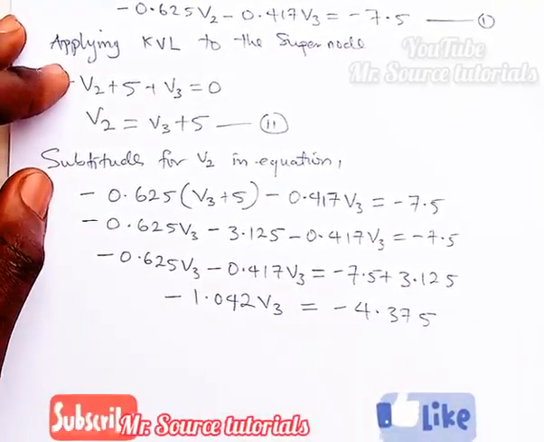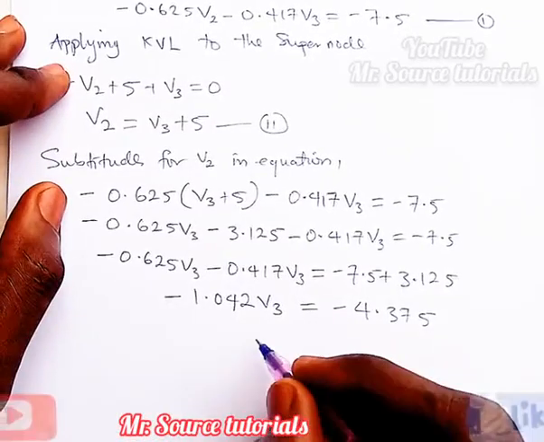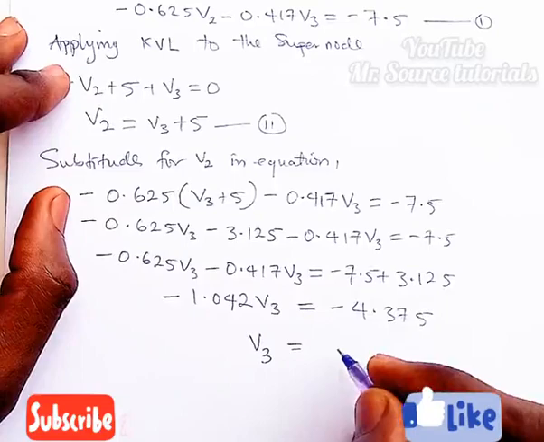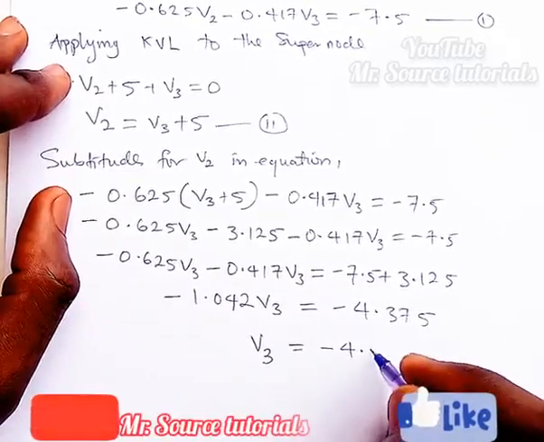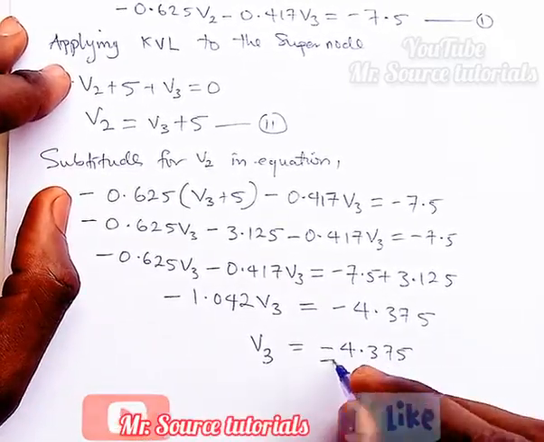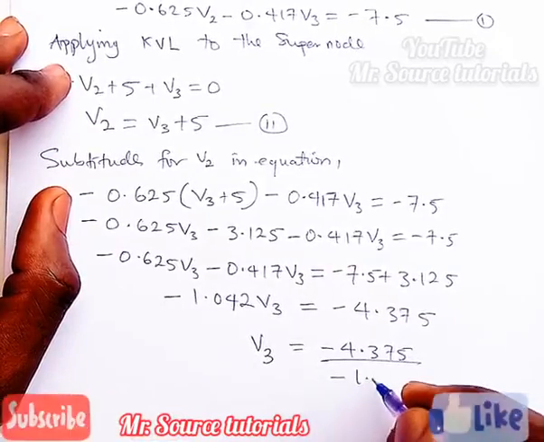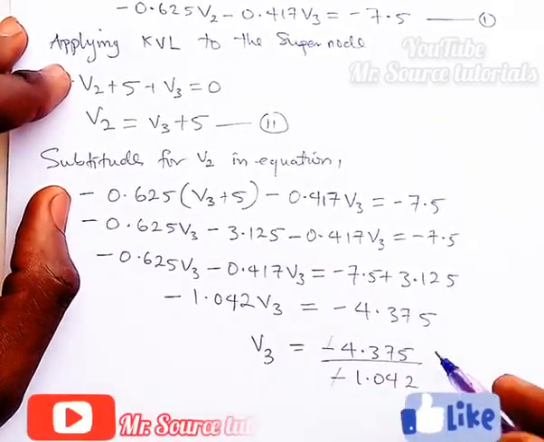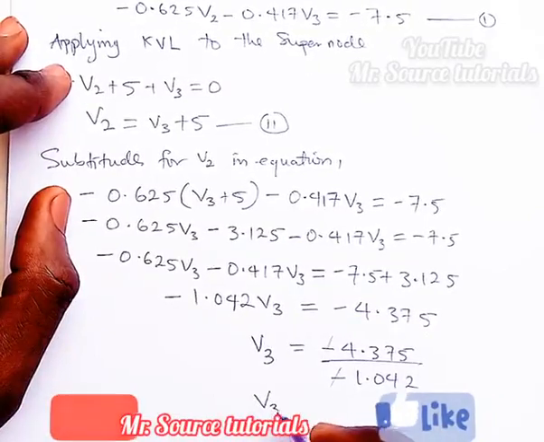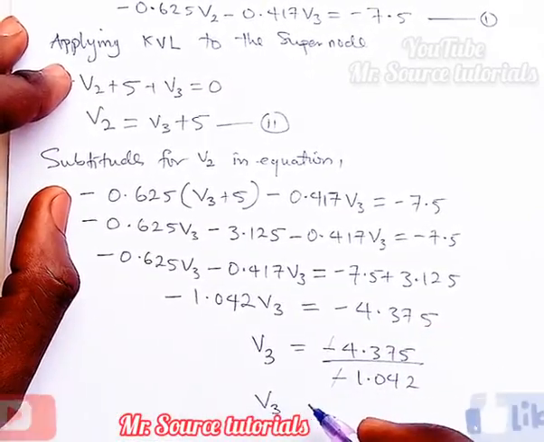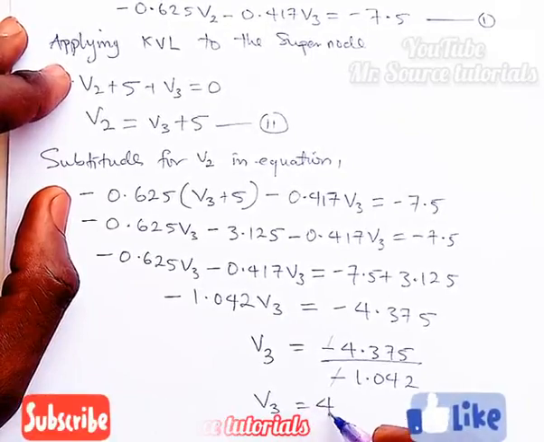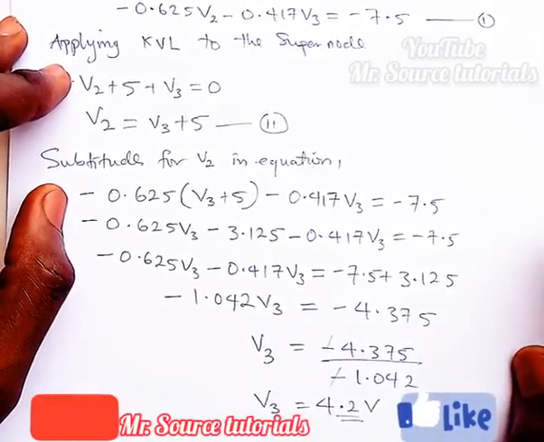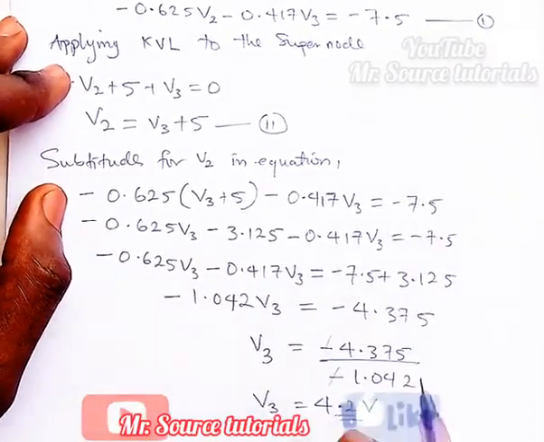Now make V3 the subject of the formula. Dividing both sides, V3 is going to give us minus 4.375 divided by minus 1.042. This cancels this, and this divided by this is going to give us 4.2 volts approximately. We have gotten the value for V3.